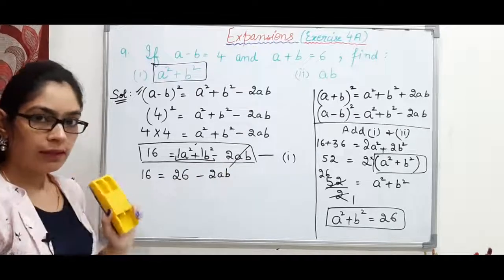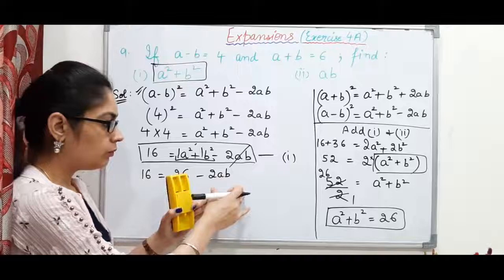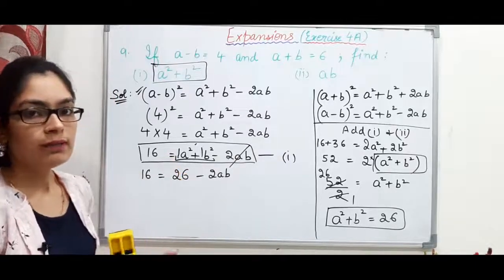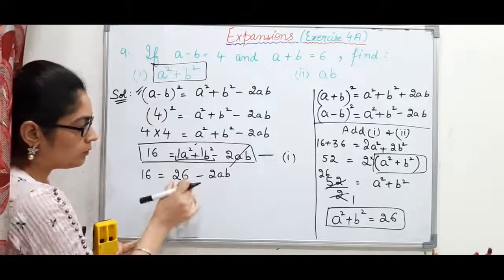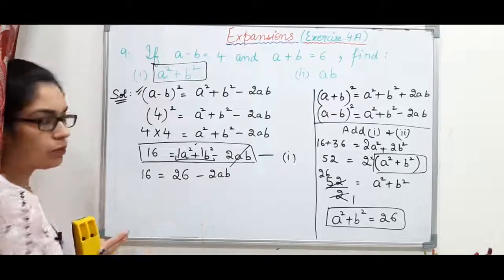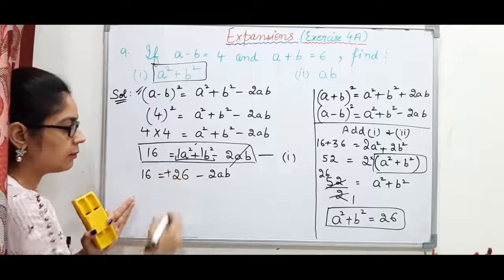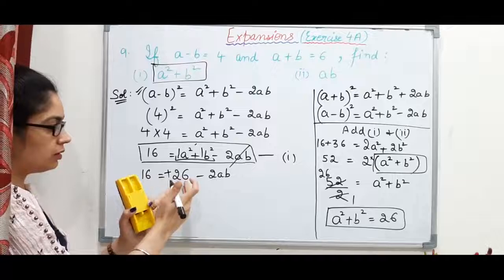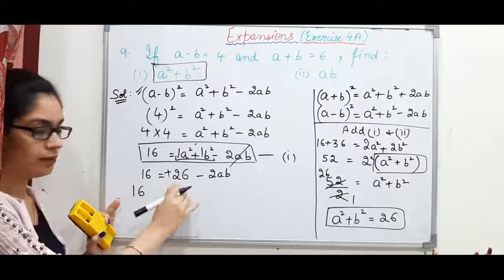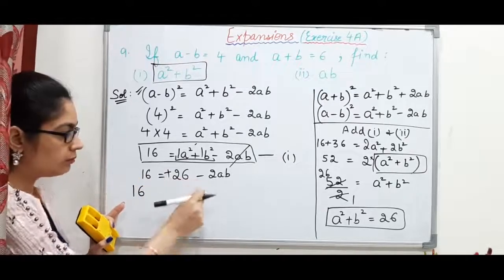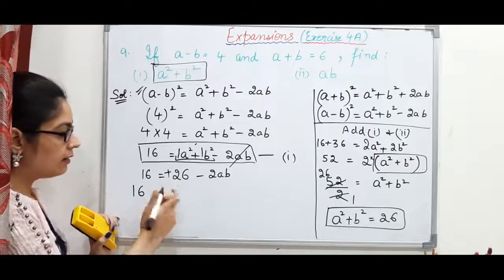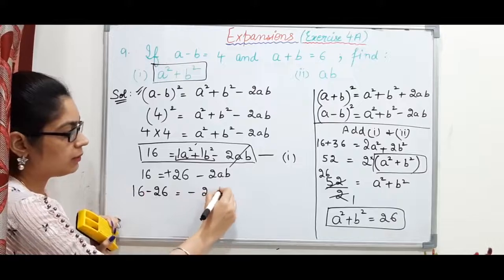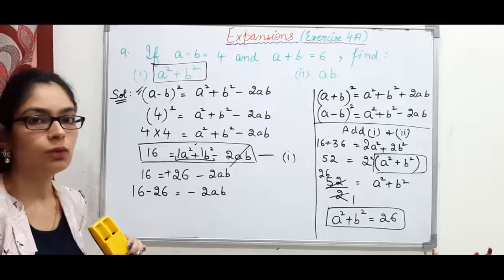See, whatever thing you have to find, that thing you can write on one side and remaining terms you can start shifting on other side. So step by step we have to do. First we will shift 26, then this 2 we will shift. See, 26 it is in plus form, plus 26 minus 2ab. So this plus term or positive term, when we shift it to another side, it will be changed to minus 26. So 16 minus 26 is equals to minus 2ab.